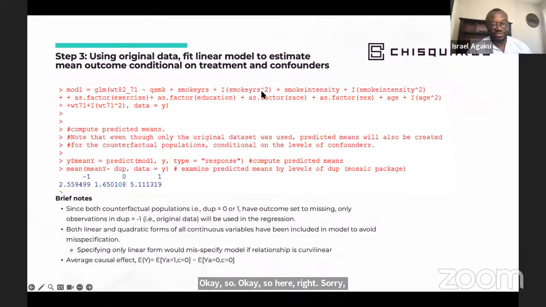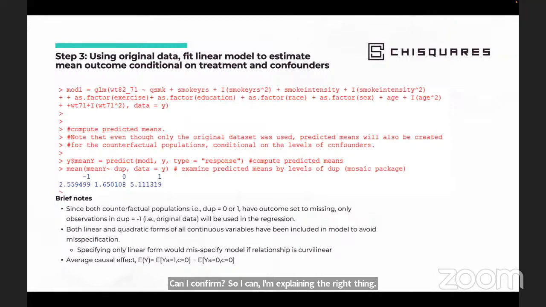I'm assuming this is what you're referring to here. Okay, I guess you're talking about here, weight 71. Can you confirm so I'm explaining the right thing? Fabrice, please confirm. Yes. Okay.